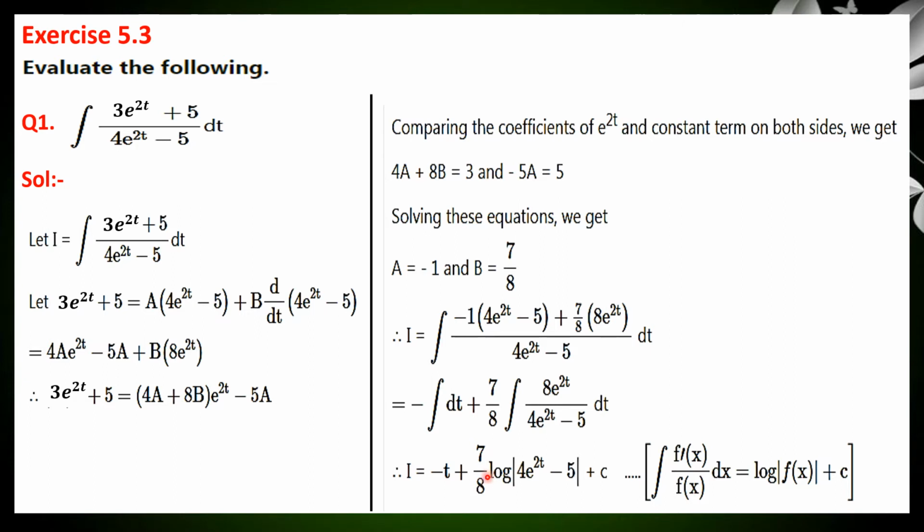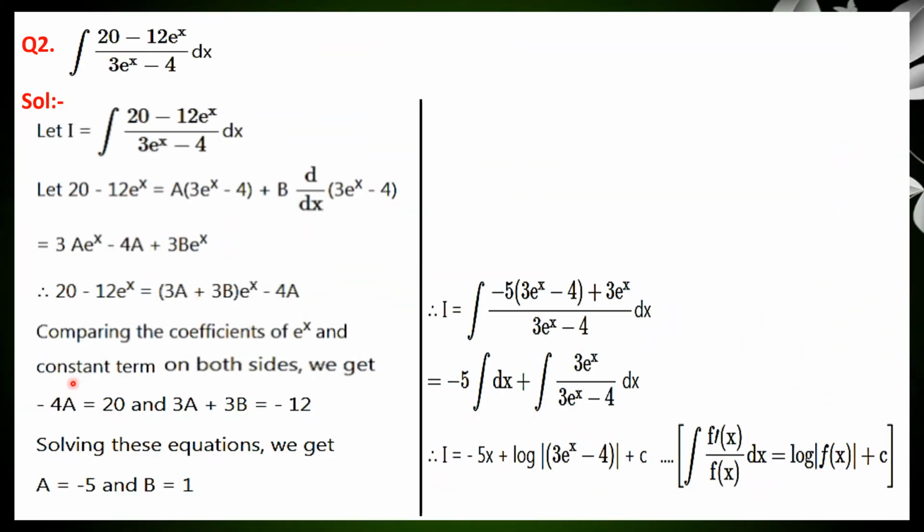Plus 7 upon 8 is the constant, and if the denominator function and its derivative appear in the numerator, then we have the formula: integral of f dash x upon f of x is log modulus of f of x plus c. So it is log modulus of 4 e^(2t) - 5 plus c. That is the value of the given integral.